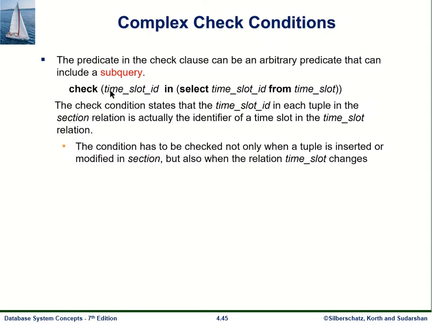This one is about the section table, and each section has a time slot ID, that is, the time for that section. We say this ID must be in this set, because this will perform a query to get a set.